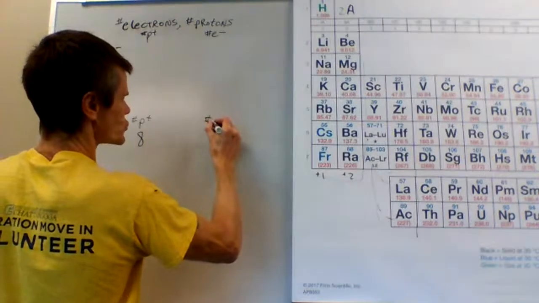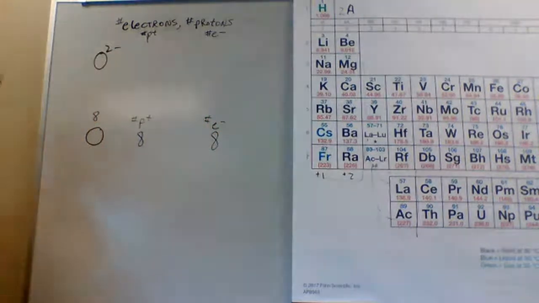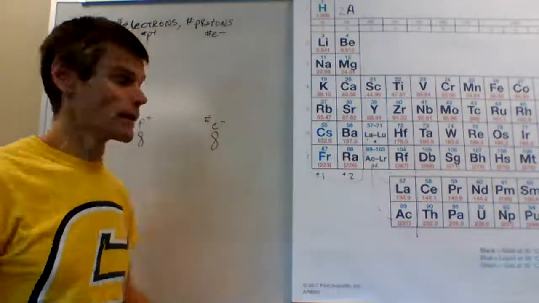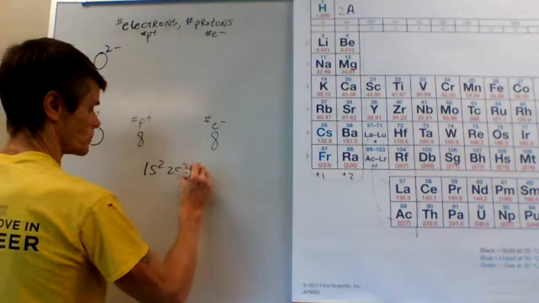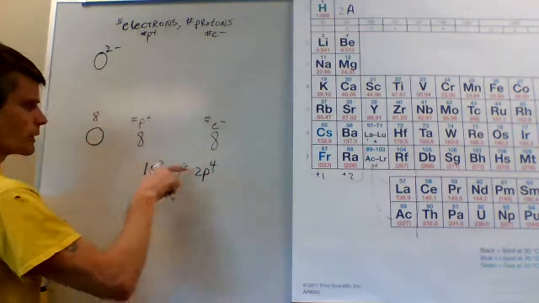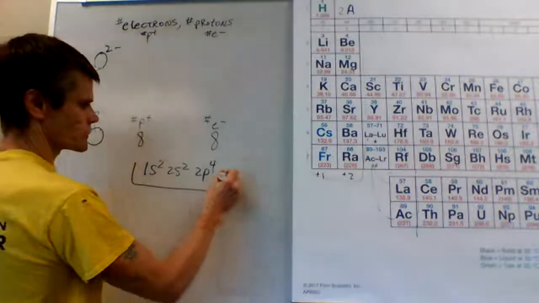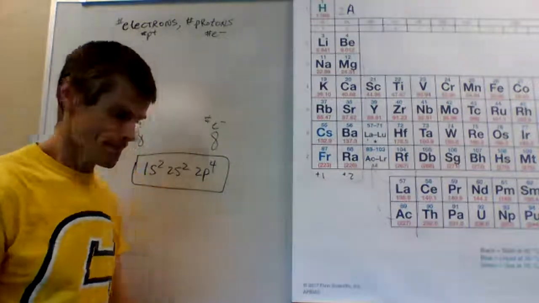And since it's a neutrally charged atom, it has 8 electrons. And if we write the complete ground state electron configuration, we end up with this electron configuration for our oxygen atom.